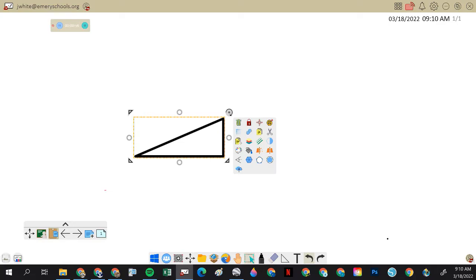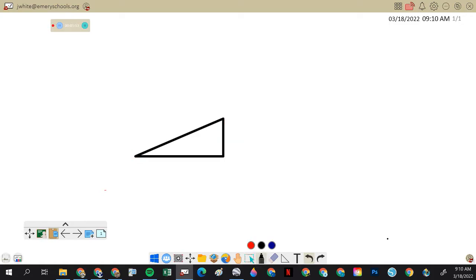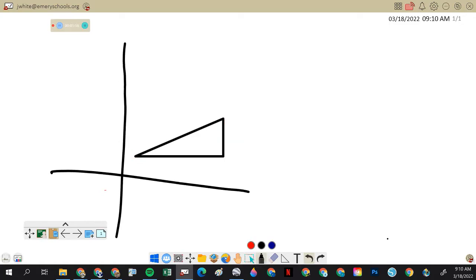So we can have a reflection. A reflection means that we flip it either left and right or up and down. But in geometry, we actually do reflections across a line. So if this was, say, the y-axis, well, let's draw it out. To reflect that across the y-axis, it would end up looking like this.